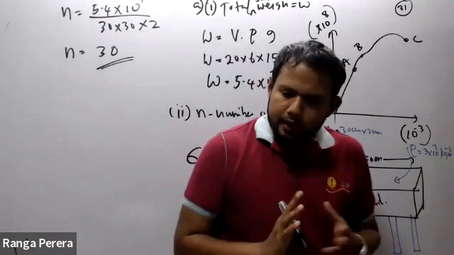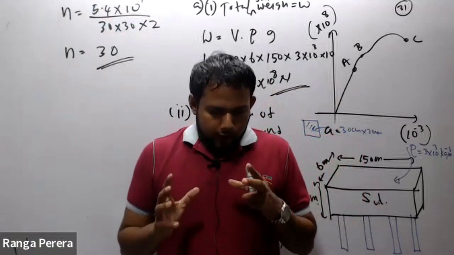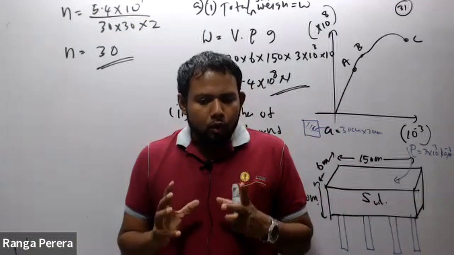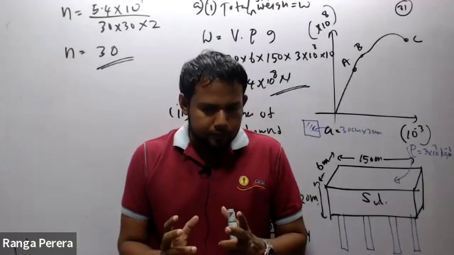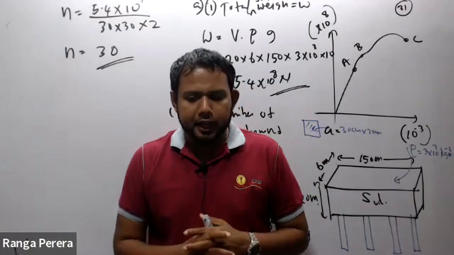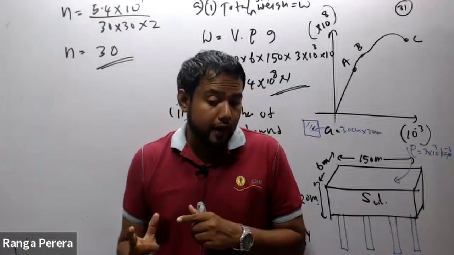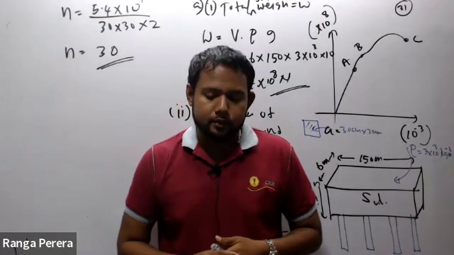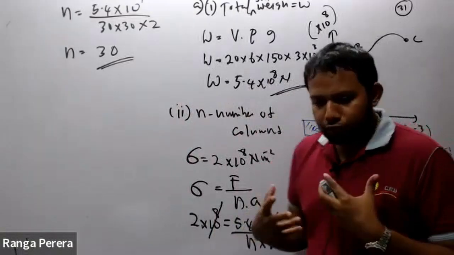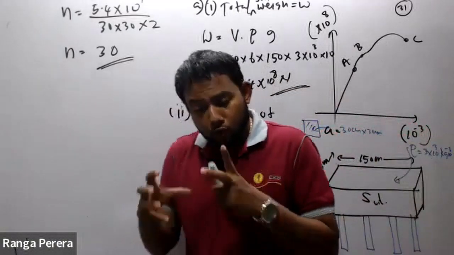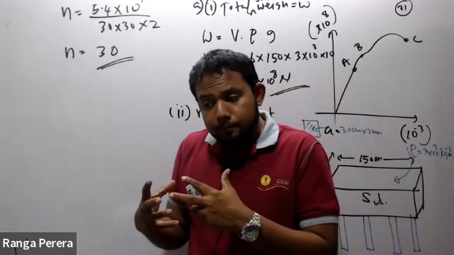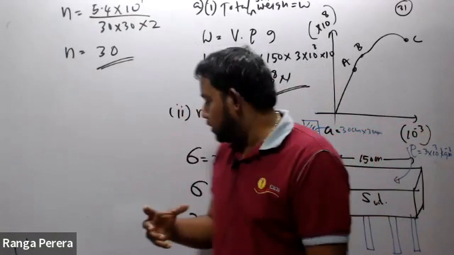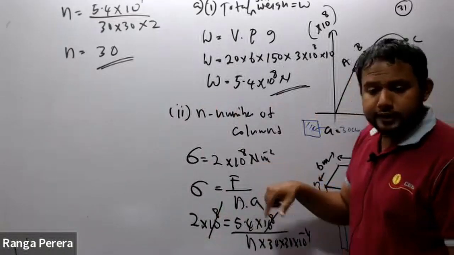If I ask you a simple question: if you provide more than 30 columns, what kind of stress would you get? Would it be more than that value or less than that value?